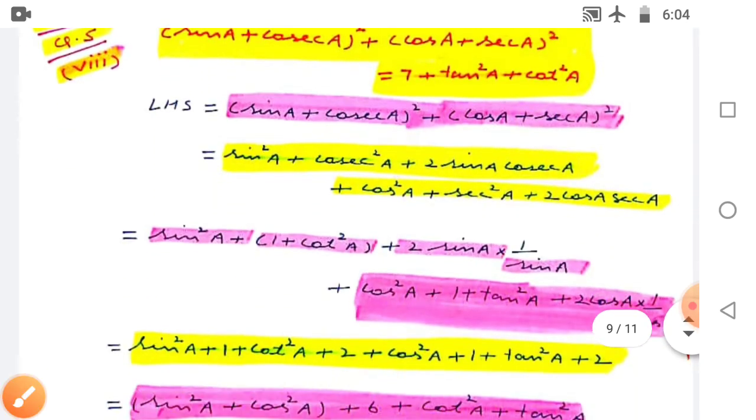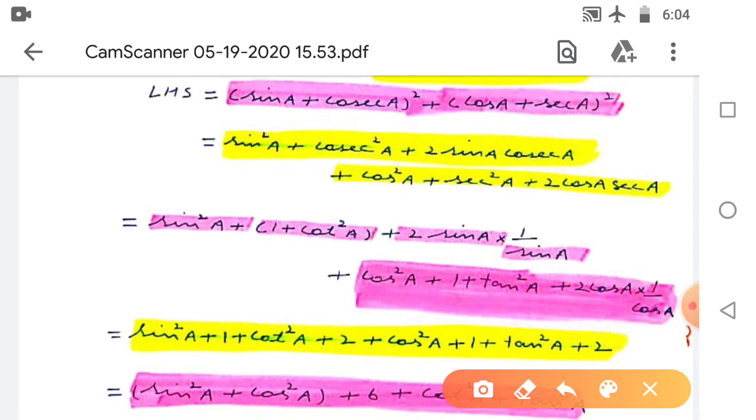Clear? Now regrouping it. So it becomes sin square a, and convert this cosec square a into 1 plus cot square a, and this is 2 into sin a cosec a, we can write sin a times 1 upon sin a. And here also this is cos square a, and this sec square a we write as 1 plus tan square a, and this is 2 cos a into sec a, we write 2 cos a into 1 upon cos a.